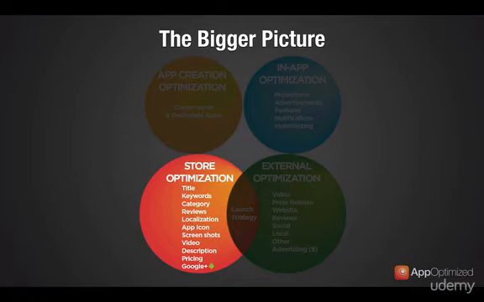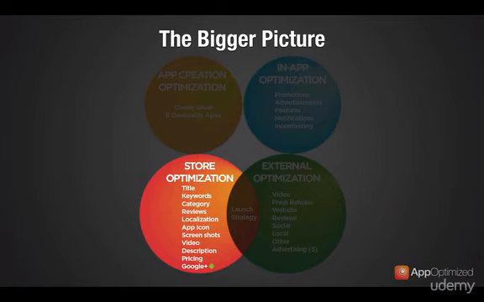And then lastly, of course, as I pointed out before, there's App Store optimization. This is all the promotion and marketing that you would do inside of either the Google Play Store or the iOS App Store. Each store gives you certain aspects that you can tweak and modify to help optimize your listing.